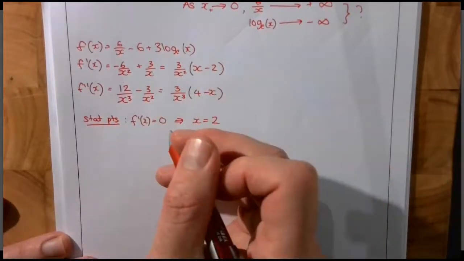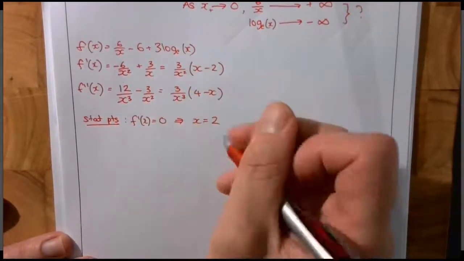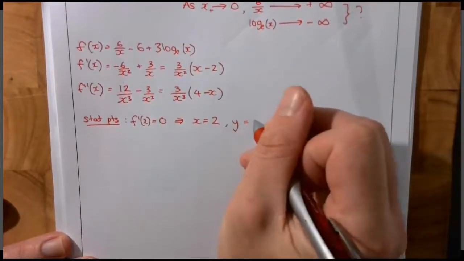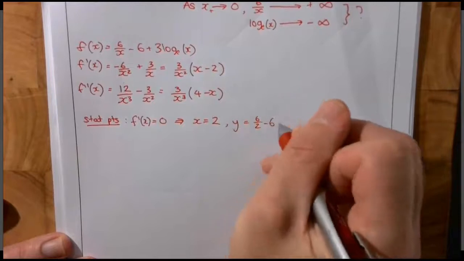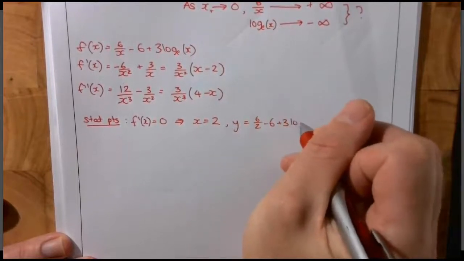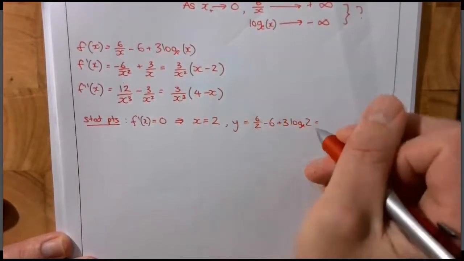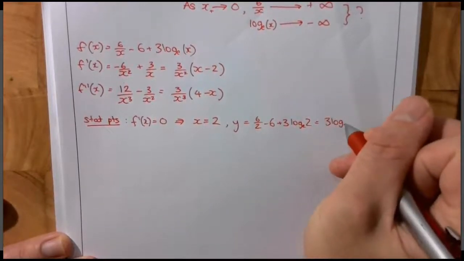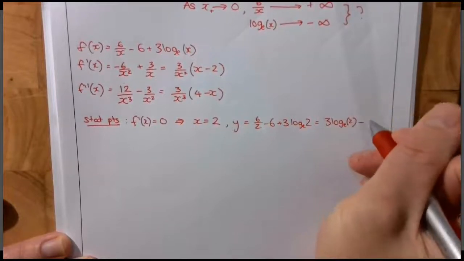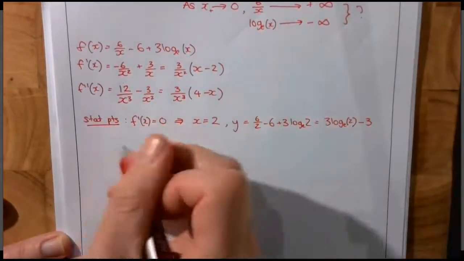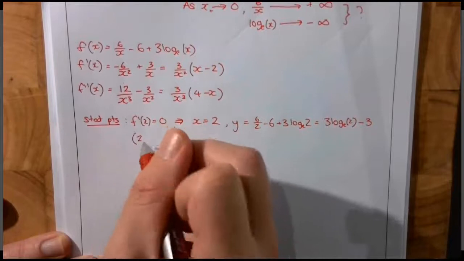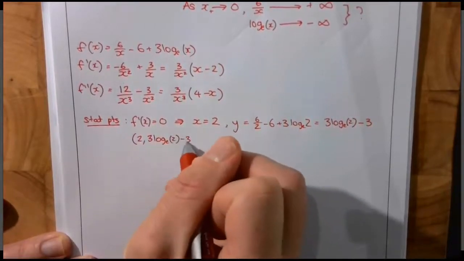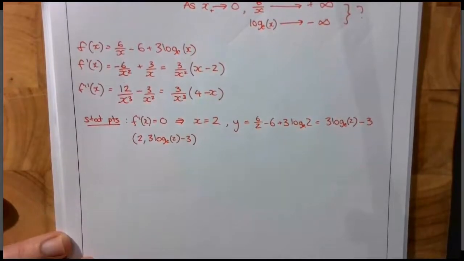And then we can find the y coordinate by substituting in x equals 2, which is going to give me 6 over 2 minus 6 plus 3 log 2, or in other words, 3 log 2 minus 3. So our coordinate is going to be 2, 3 log 2 minus 3. That's going to be our stationary point.